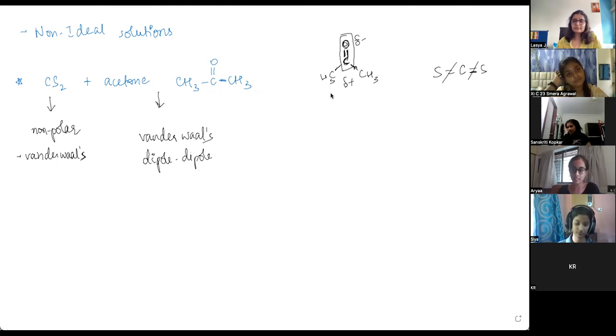In Finkelstein, we use dry acetone because it's a non-polar solvent and it dissolves the NaX, right? And it favors the forward reaction. No, it doesn't. You use acetone's non-polarity in that context: the NaX precipitates out so that you don't have the backward reaction taking place.